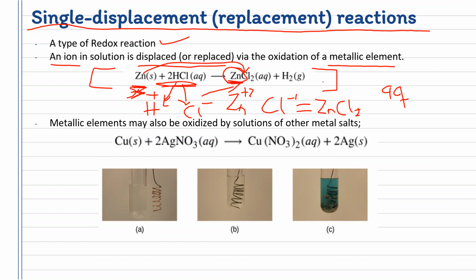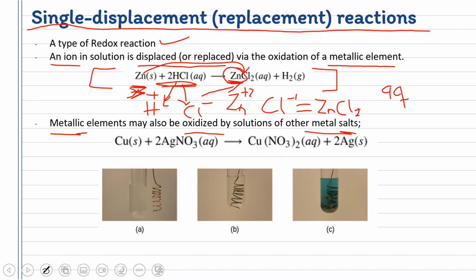Great. And we're saying that in another sense, another example of a single displacement or replacement reaction is that a metallic element may also be oxidized by solutions of other metal salts.